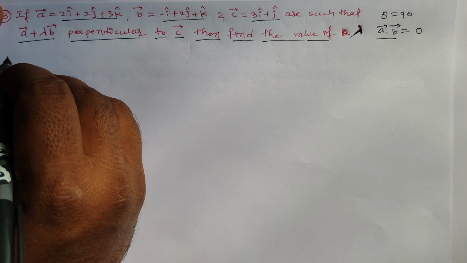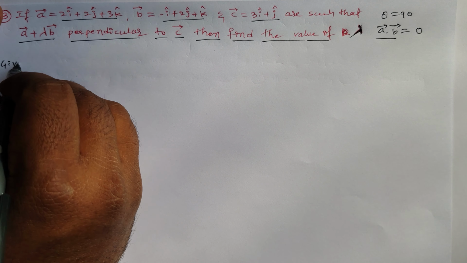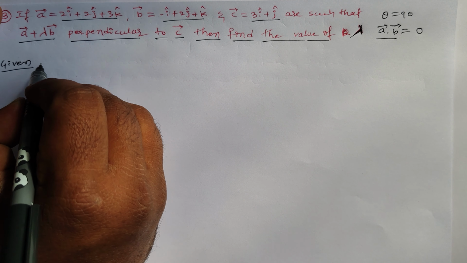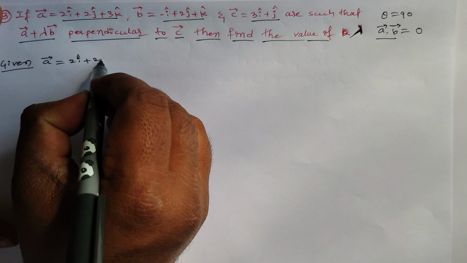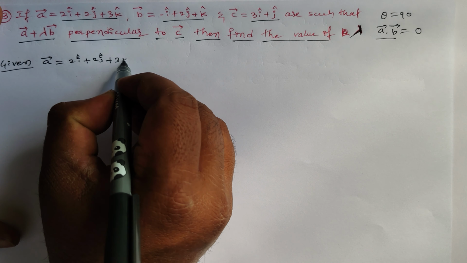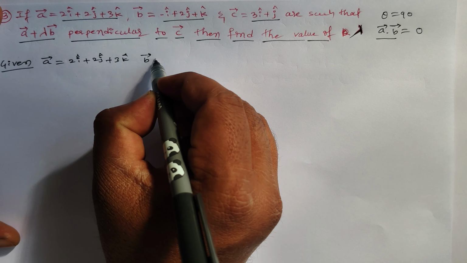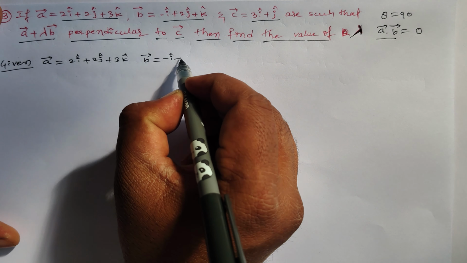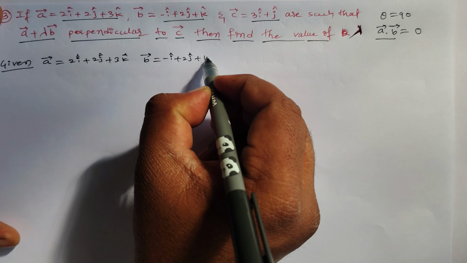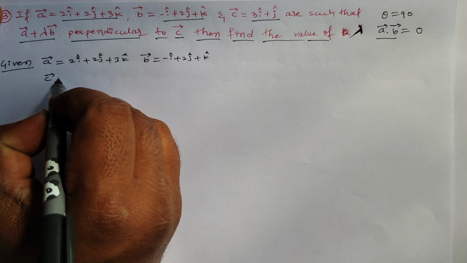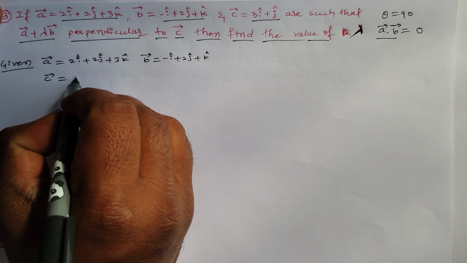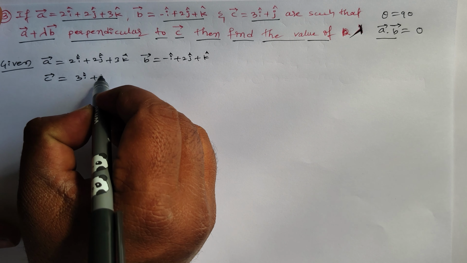First write the given, whatever vectors are given. What is a vector? a vector is 2i plus 2j plus 3k. What is b vector? b vector is equal to minus i plus 2j plus k cap. What is c vector? c vector equals 3i plus j.